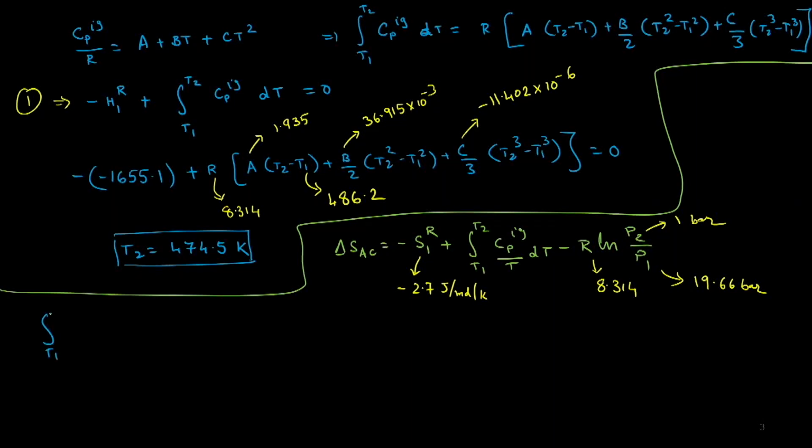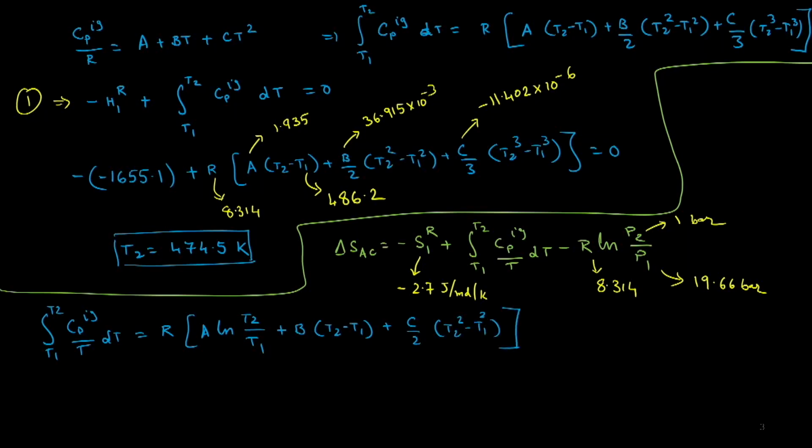The integral from T1 to T2 of CPIG by T dT is going to be R times, this is A over T, so A ln(T2 over T1) plus B times (T2 minus T1) plus C over 2 times (T2 squared minus T1 squared). This is the integral value. Again, the ABC values we already know. I know T1, I know T2.